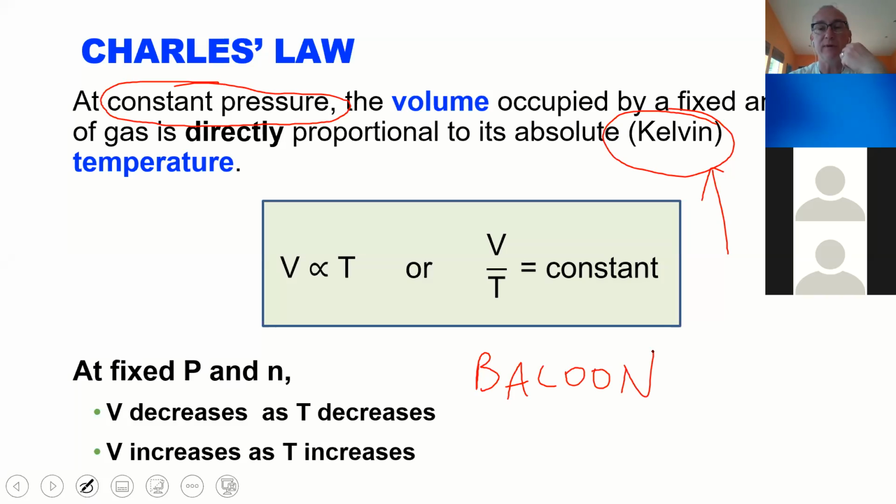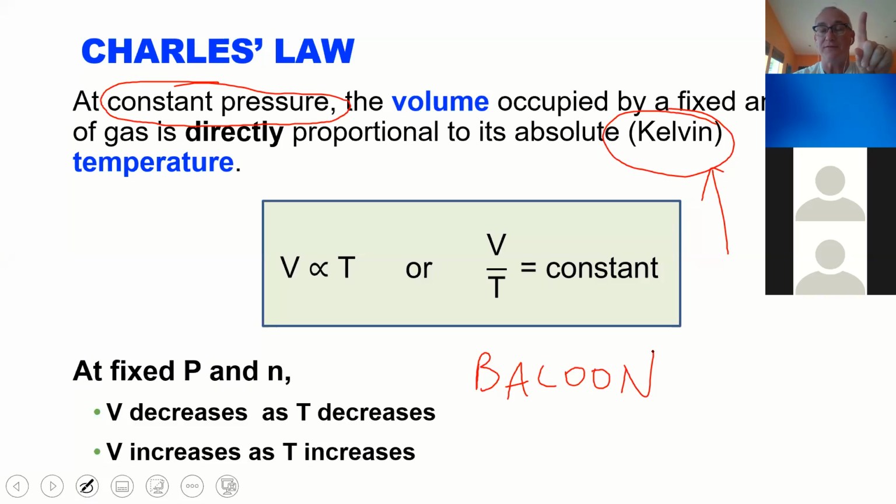Same is true if we take that balloon, tie it off, and increase the temperature of it: the volume gets bigger. So if we put a balloon in a hot car, the balloon gets bigger. And if we put it in the freezer, the balloon gets smaller, because the pressure is the same.